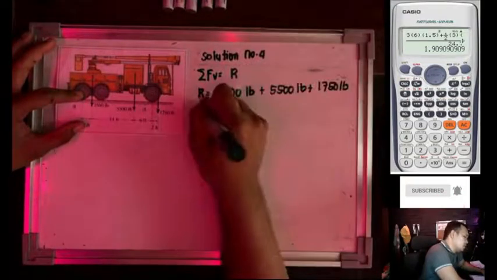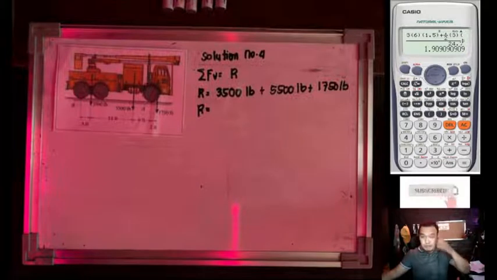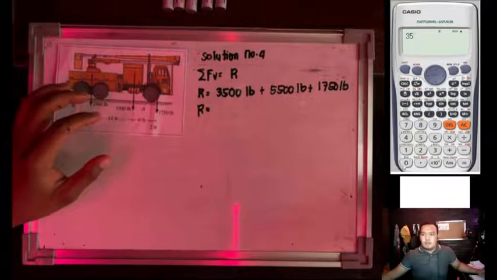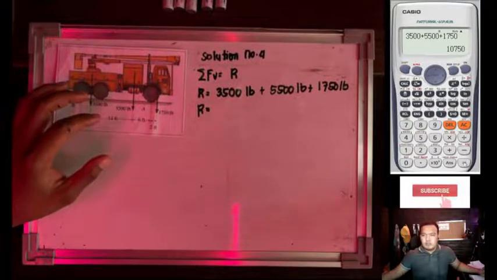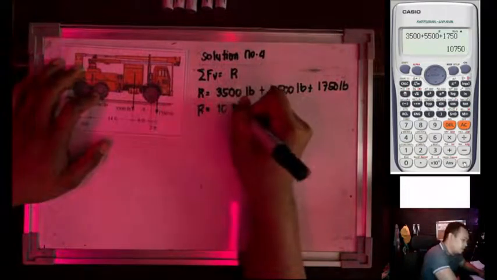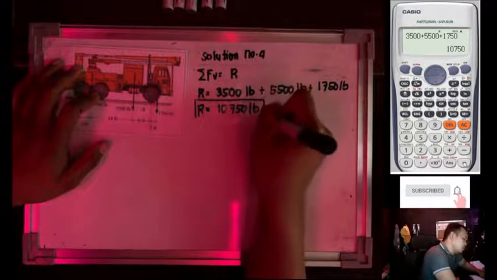Therefore, resultant is equivalent kay 3,500 plus 5,500 plus 1,750 equals, meron tayong 10,750 pound resultant force. So ito yung resultant force.